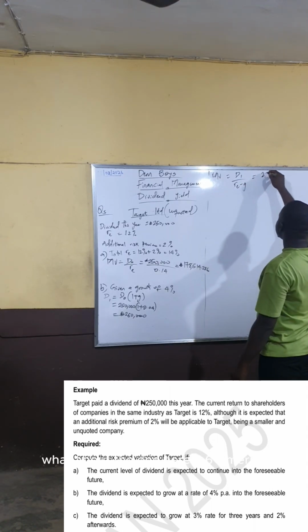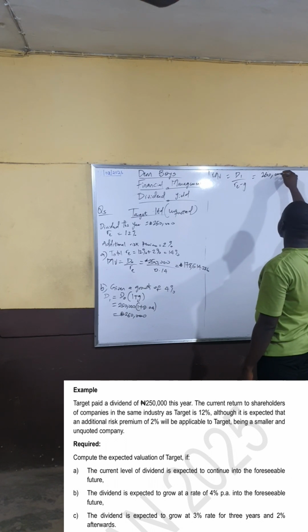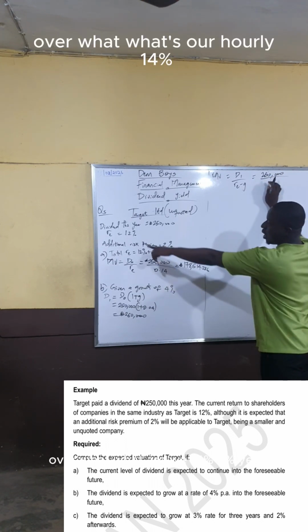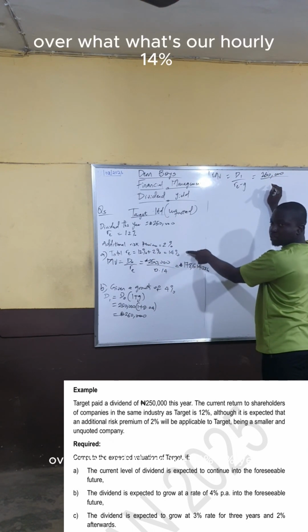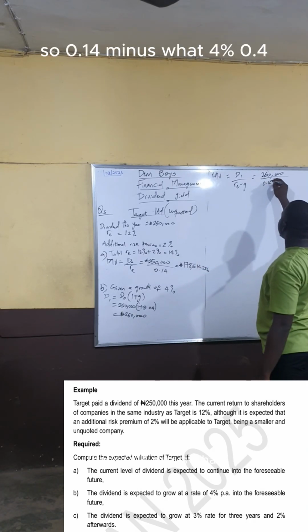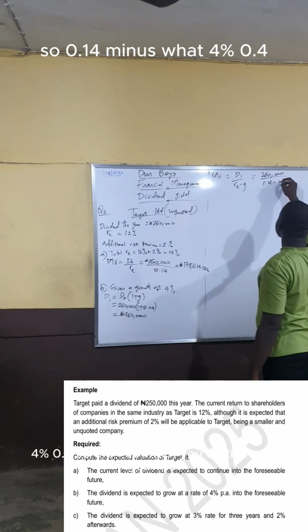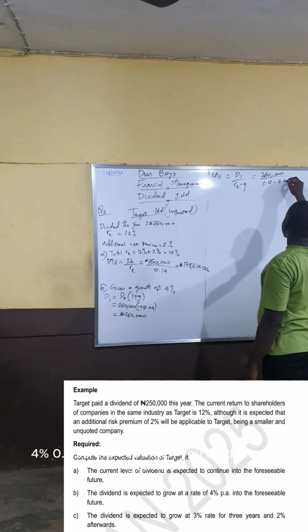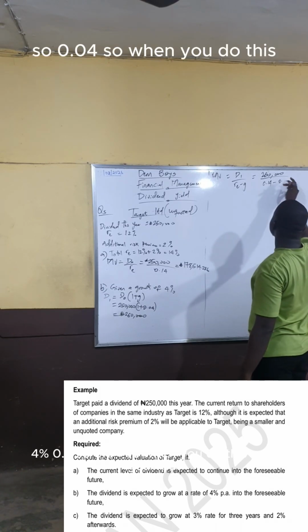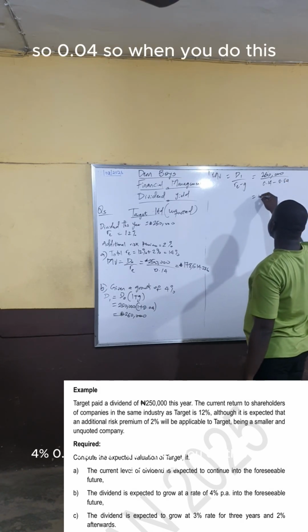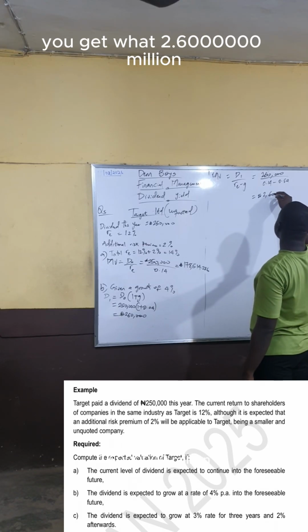Our D1 here is 260 over RE of 0.14 minus g of 0.04. So when you do this, you get 2.6 million.